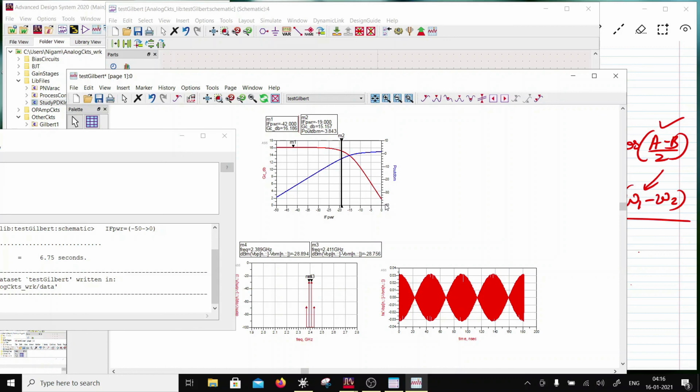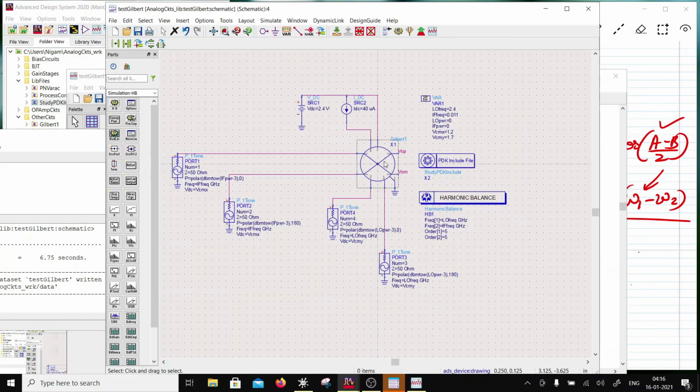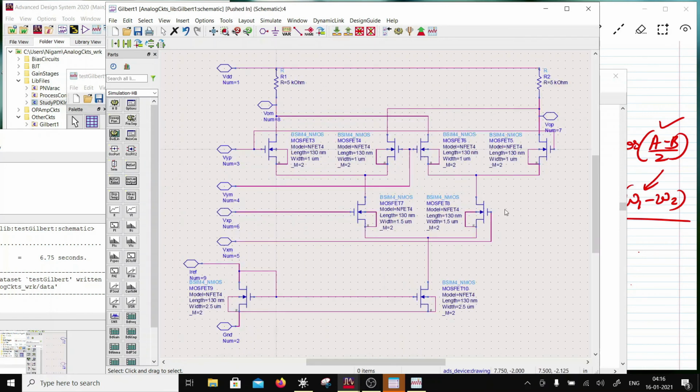Okay, not much difference here. Okay, but the idea you understood, right? The input, if you want to improve the compression, okay, so VXP, okay, so we have to reduce this one, not that one, sorry.